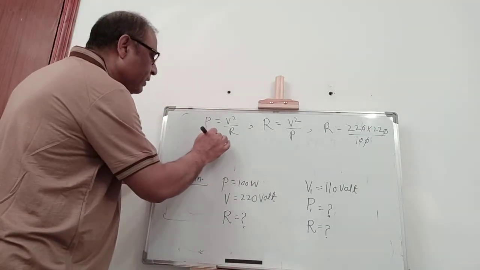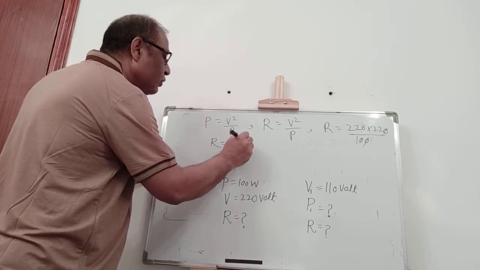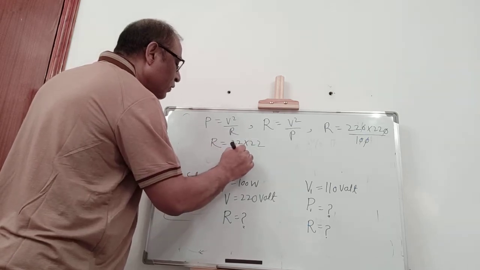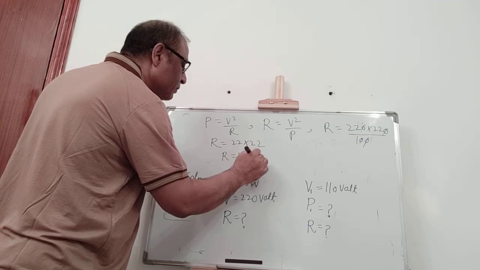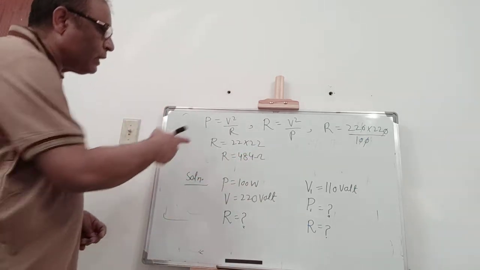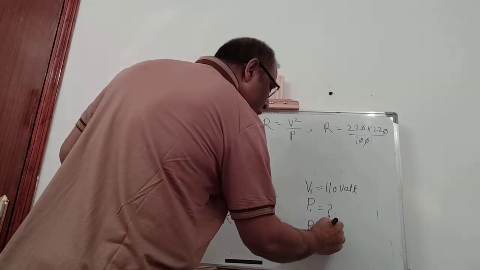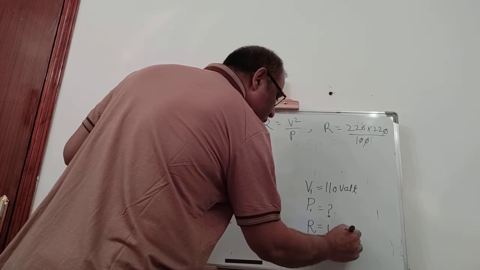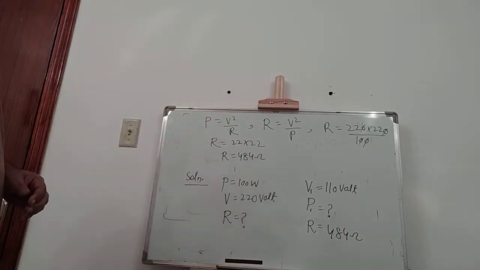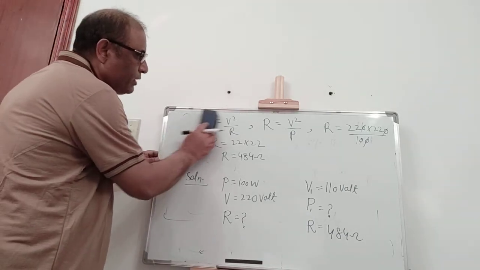Then what do we get? R is equal to 22 into 22, and R is equal to 484 ohm. So R will be the same because R doesn't change. Now our job has finished.